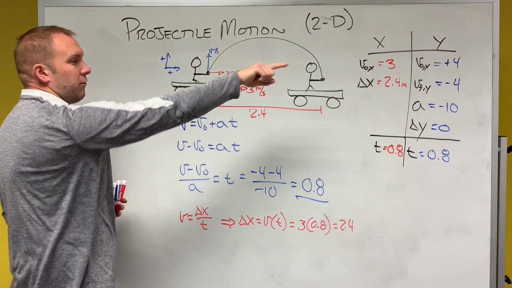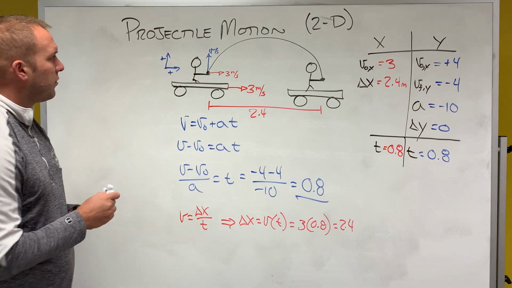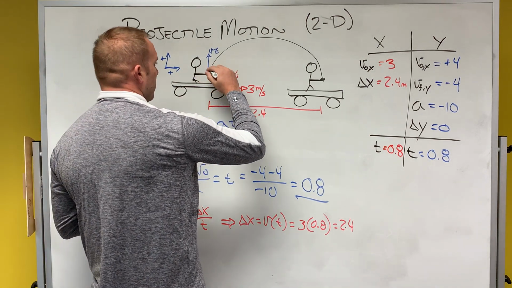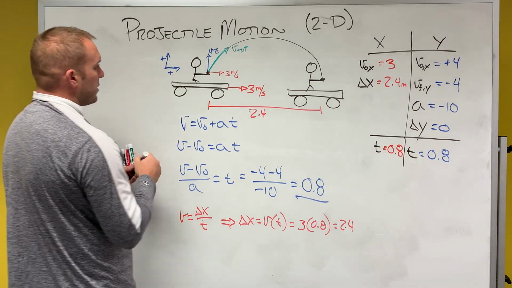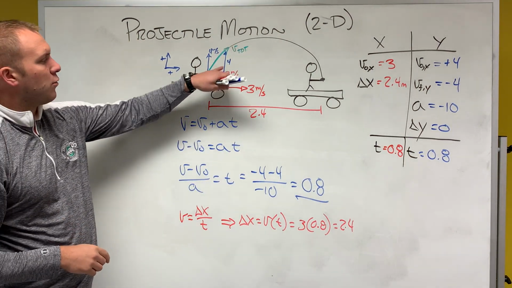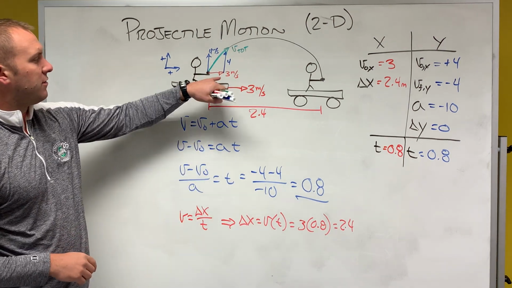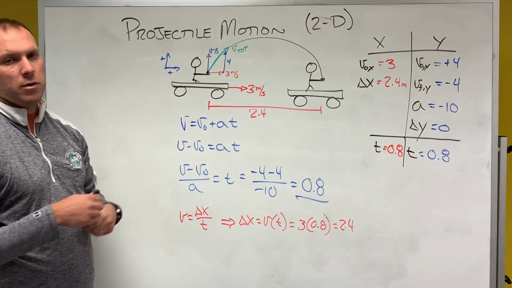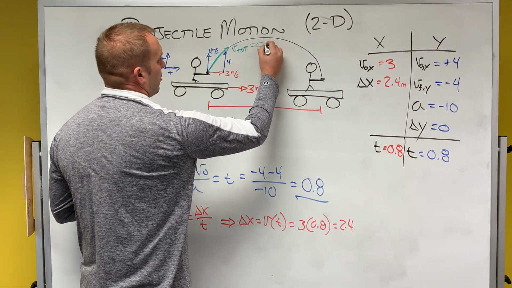The ball is traveling already this way because the car is moving at 3 meters per second. So for the total velocity, we can do vector addition and say 3, 4, and figure out what my total velocity is. We create a right triangle here, so we can just use Pythagorean's theorem, and if we can see a quick 3, 4, we know that my total velocity would be 5 meters per second.